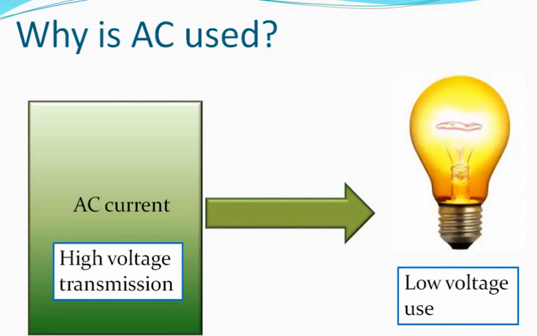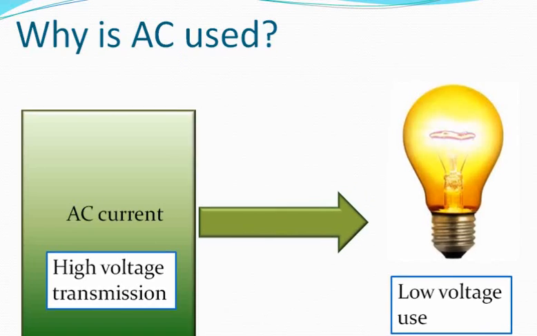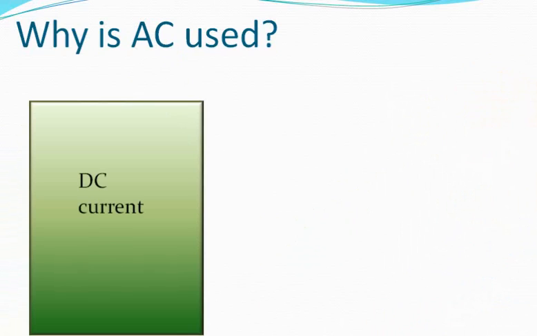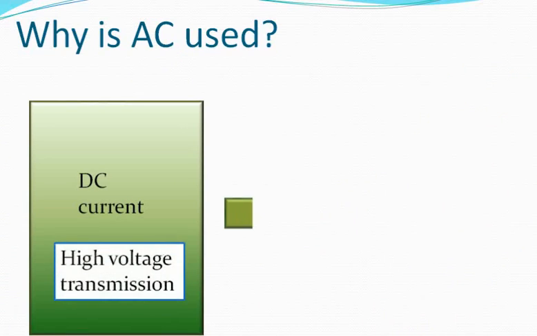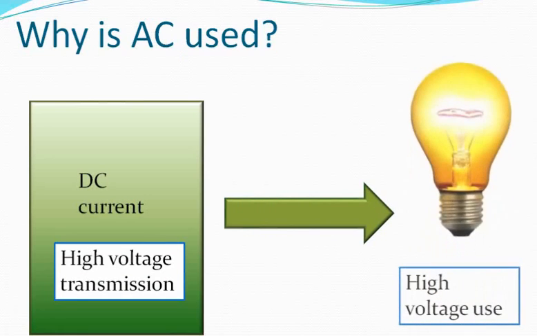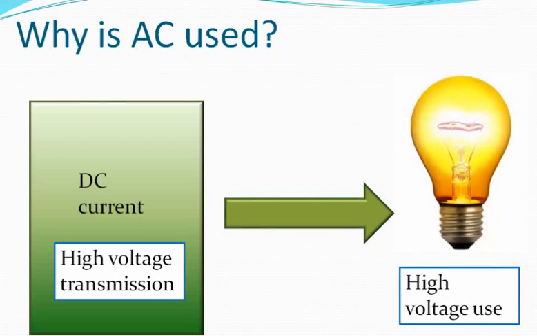There's a special device called transformer which actually reduces the high voltage of alternating current that's transmitted in wires to 230 volts for use in our homes. The problem with direct current is that there is no such special device which reduces the high voltage used in transmission to low voltage. So that means that if we use direct current, say from huge battery sources, and transported them to our houses, then we would have to actually light our bulbs and our tube lights at very high voltages, like voltages of 10,000 volts or say 5,000 volts.